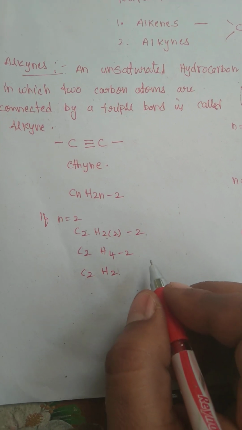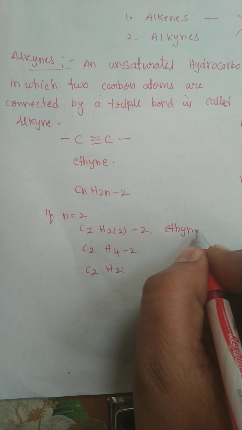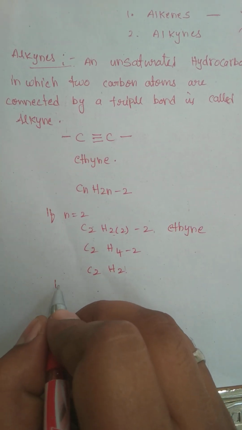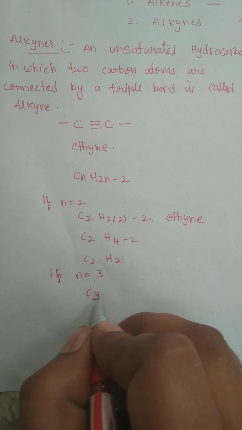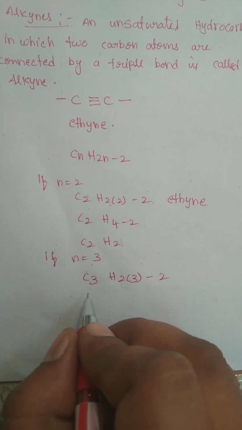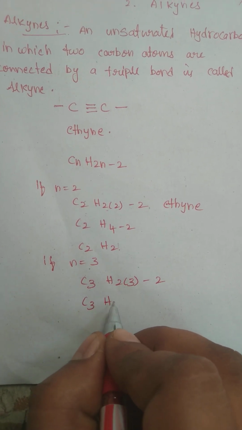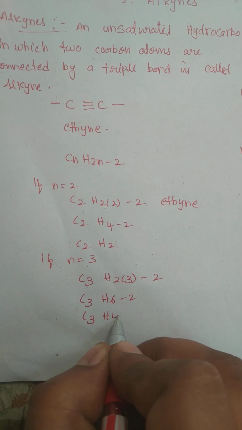This is called ethyne. Suppose n equals 3: C3H2 into 3 minus 2, C3H(6-2), C3H4.